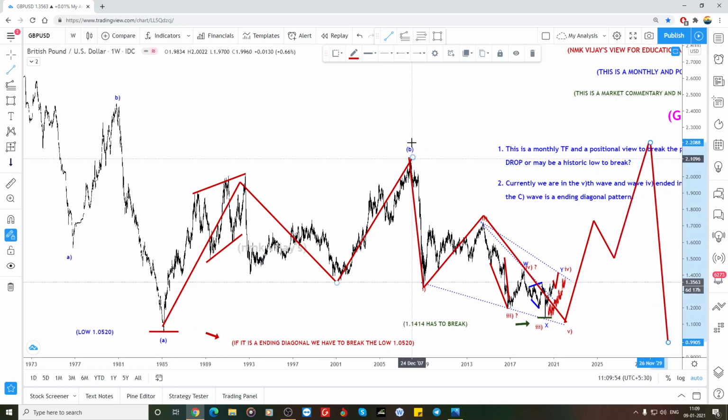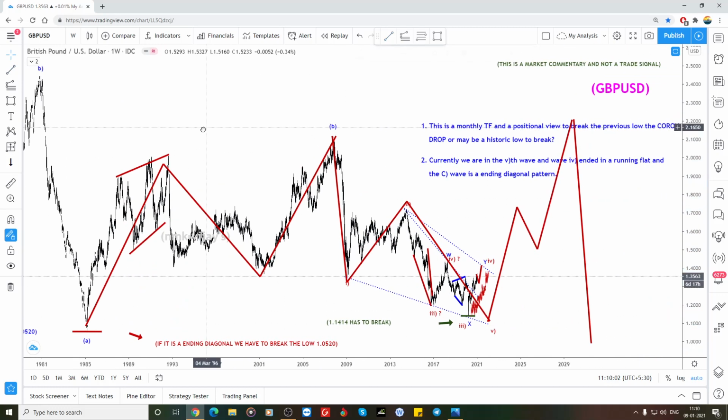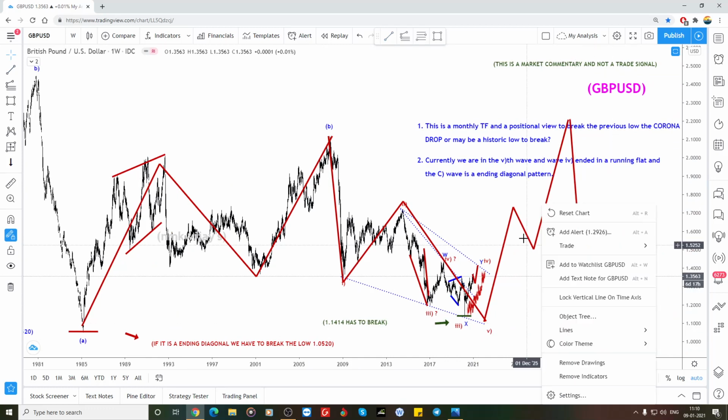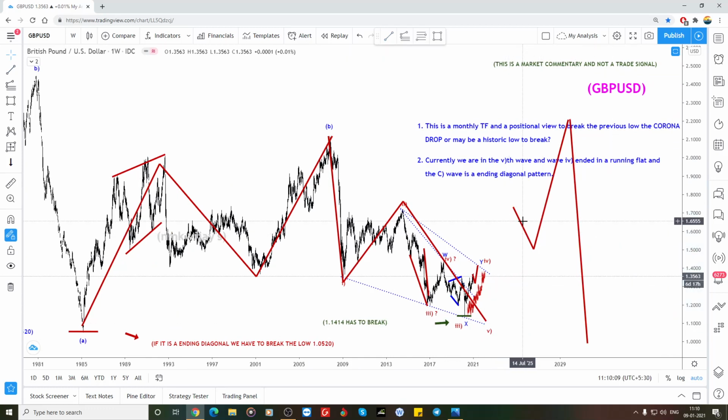So in that case, this is the W, this is the X, A, B, C. So this is A, this is the B, and C has to fall. Or else it could make a triangle also, and then again it may fall. So a lot of ideas are there, but the only one thing we need to know is it has to break this drop to be valid.